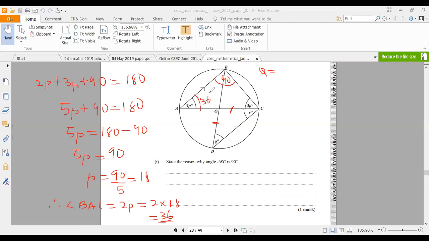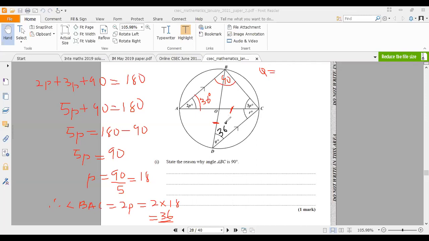What is this angle here? Who can tell me? 36, right? So why do you think it's 36 and not 42 and not 53? How do you know that is 36?